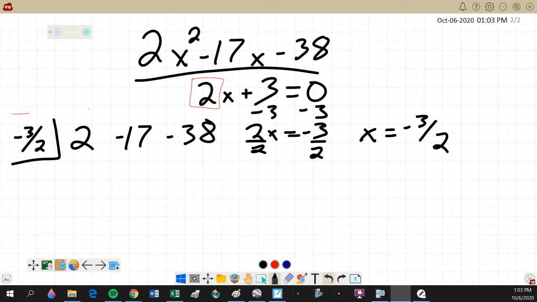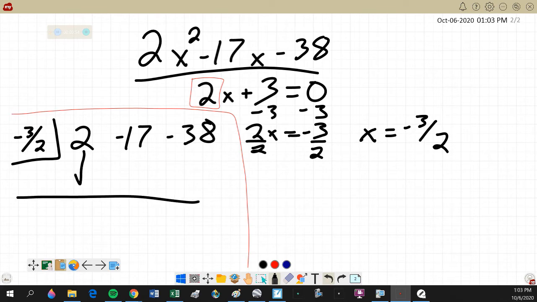So here's the problem. I drop the 2. How do I multiply 2 by a fraction? Top times 2 and then divide it by the 2 on the denominator. So we will do negative 3 times 2 is negative 6, and then we divide that by 2, and I get negative 3.